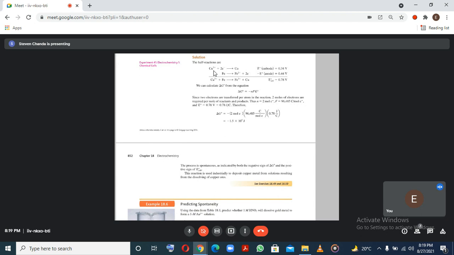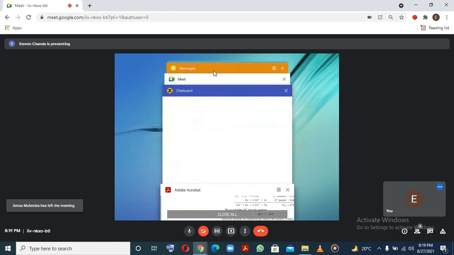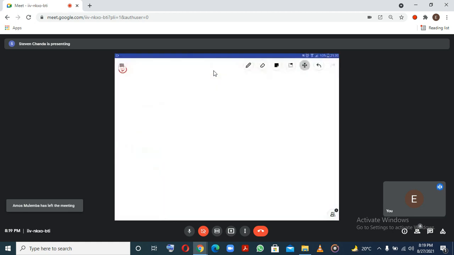Okay, great. So what you do for this one is, that's where you have to be able to write equations really well. Since we've already done how to do equations during stoichiometry, I'll just write them. Always remember to include state symbols.